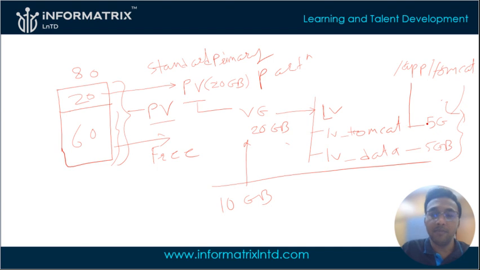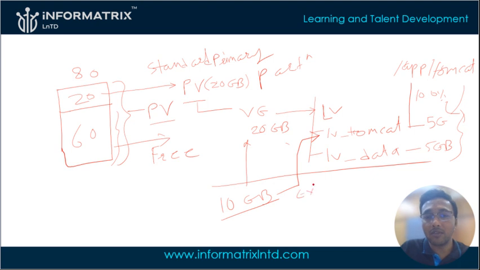Now if my 5 GB space is 100% utilized, it is full, and there is no space left on this particular device, but I still have 10 GB of space available in the volume group, I can extend this particular LVM with the available space.